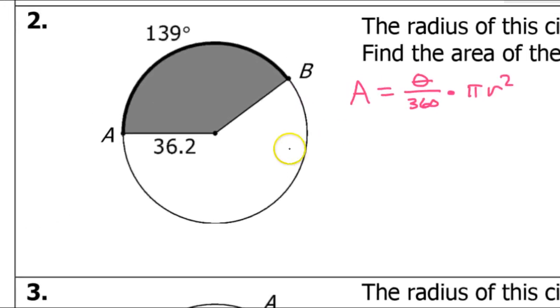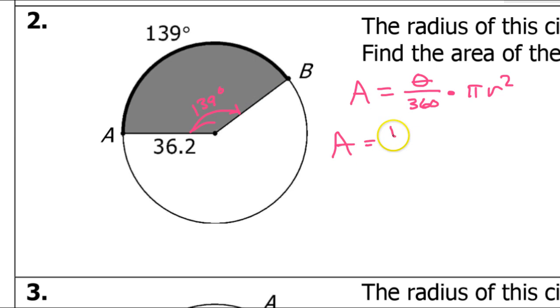But we have all of this information. So the sector area should equal, theta is 139 degrees. That's the arc measure, which would be the same thing as the measure of the central angle. Both of these are 139 degrees.